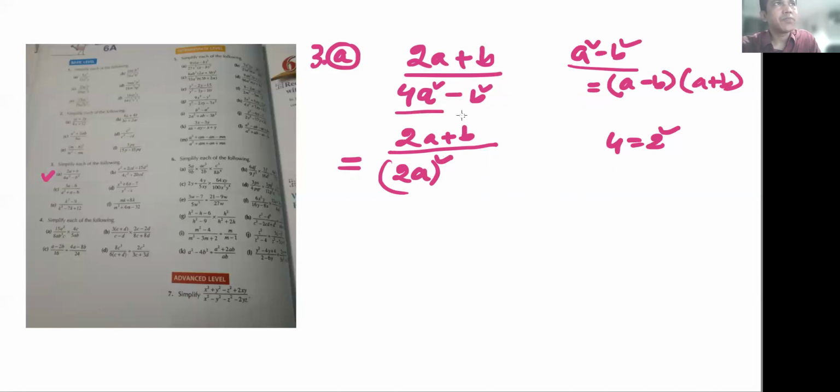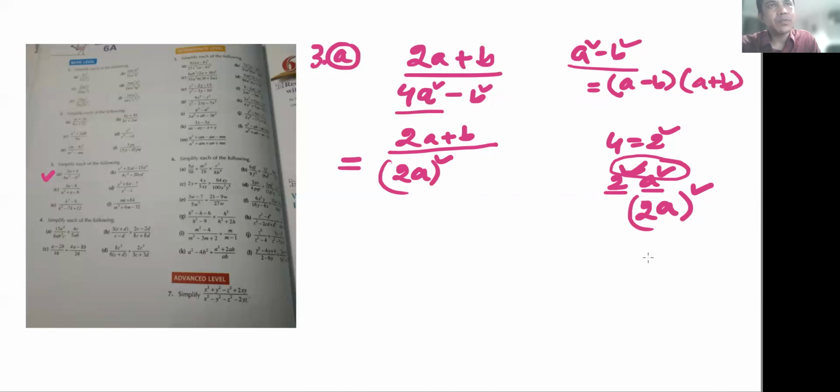Let's break it down. 4A: 4 means 2 square, then we have A square. Since both have the same power value, we can write this as common and give whole square. This is the rule. If any two terms have the same power, then we can compress this and write like this.